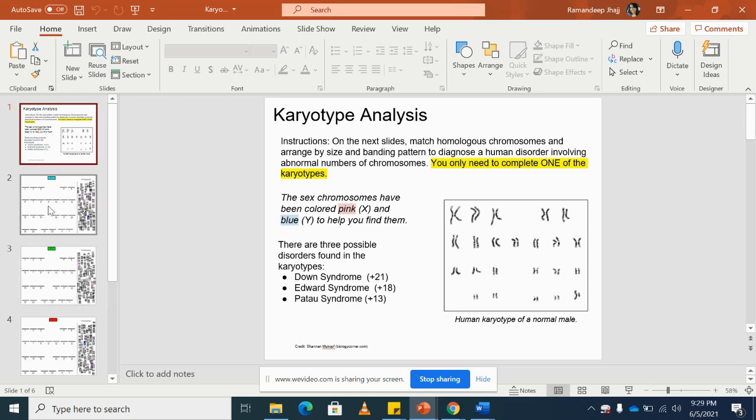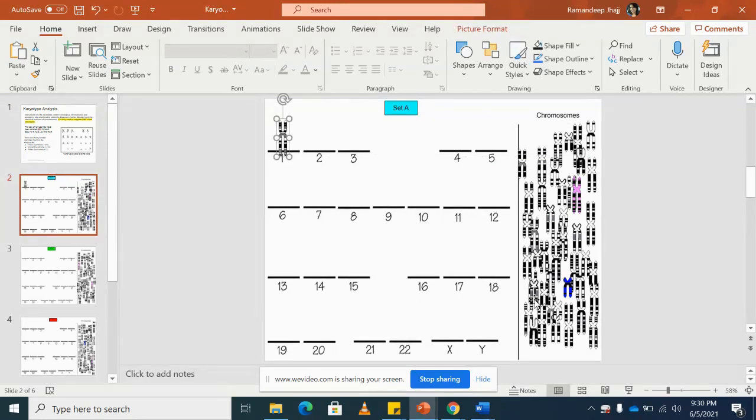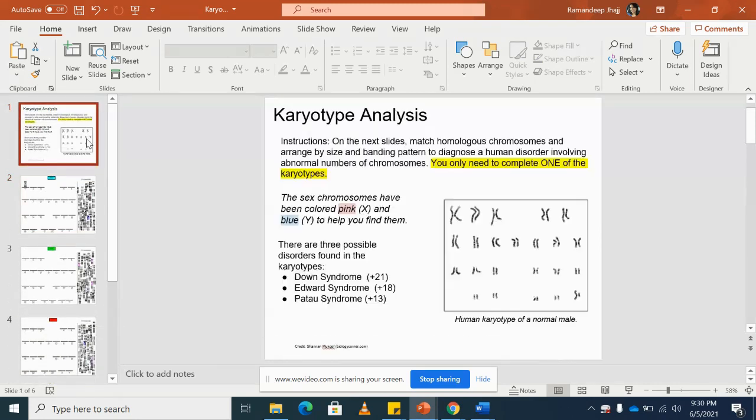So for example, if they pick this activity right here, they will be arranging chromosomes according to the size, and then finishing karyotyping right here. And once they are done arranging everything, they will figure out what kind of condition it is. They will figure out whether it's Down syndrome, Edwards syndrome, or Patau syndrome.